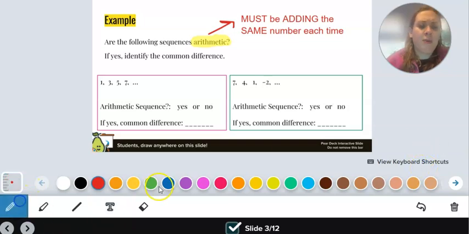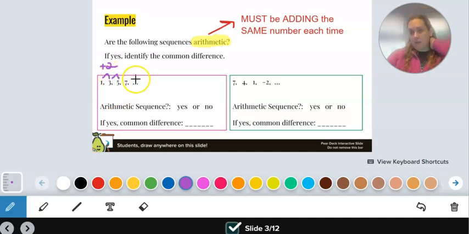So let's look at this first one. We see 1, 3, 5, 7. And we're wondering, is this arithmetic, and if it is, what is the common difference? So you just look at, okay, how do I get from 1 to 3? I add 2. 1 plus 2 is 3. How do we get from 3 to 5?